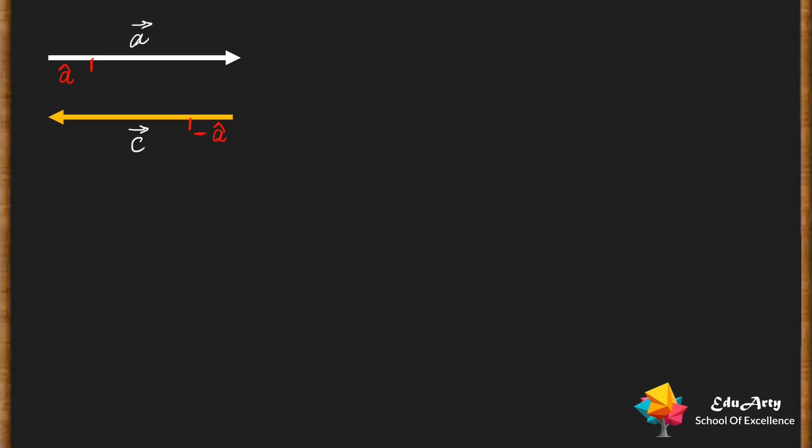Now what can we say here? If we have to put up the same theory that we had before, then can we say that A vector is equal to magnitude of A vector into A cap, correct? And C vector is equal to magnitude of C vector into negative A cap.